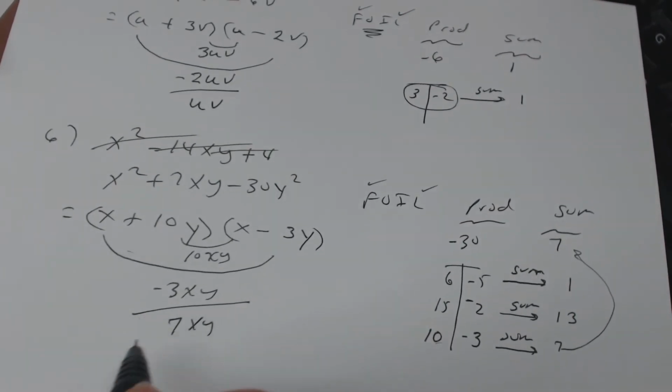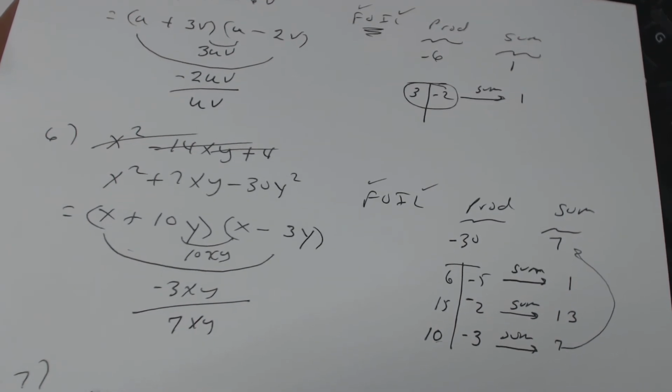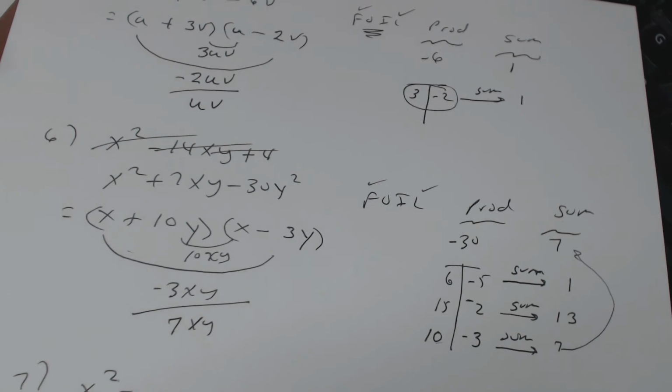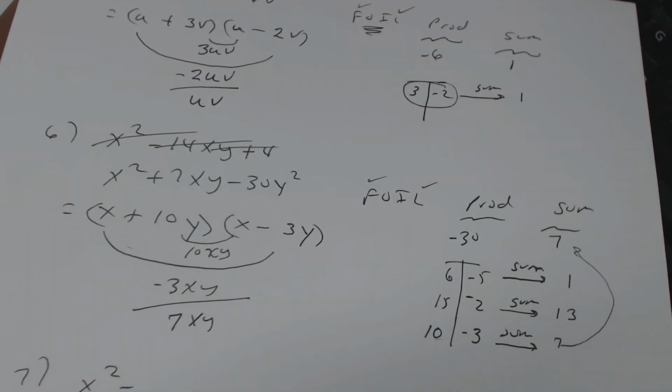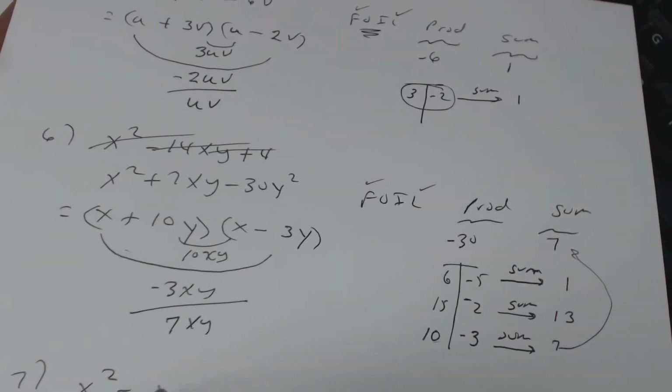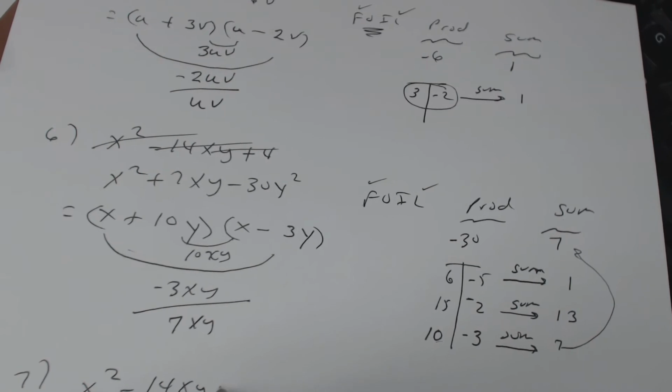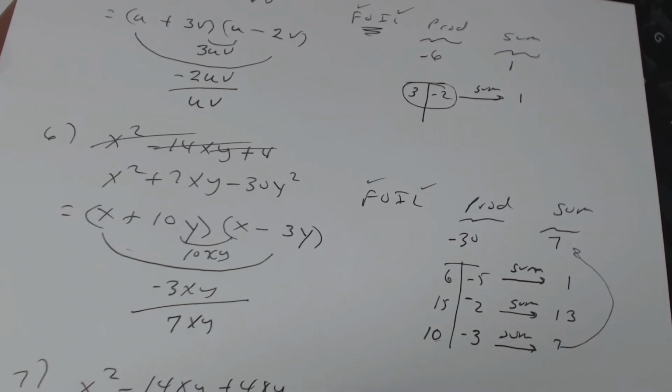Okay, number 7. Let's see what we get in number 7. Number 7, you have x squared minus 14xy plus 48y squared.